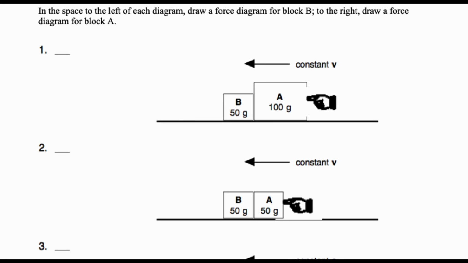In these problems, I'd like to draw free body diagrams for both block A and B. My diagram for block B will go on the left here, and I'll just represent block B as a dot, and then I'll put my diagram for block A on the right.